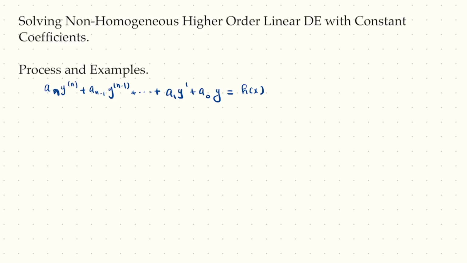So this h of x is what constitutes it as non-homogeneous, right? Here we want to make sure that h of x is not equal to 0. If h of x is equal to 0, life is easy.